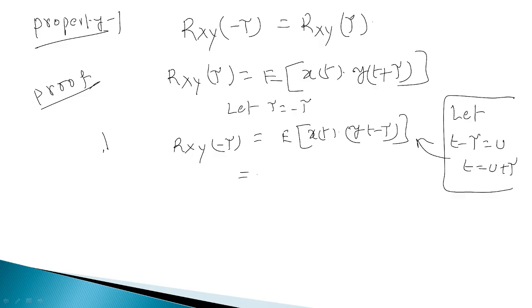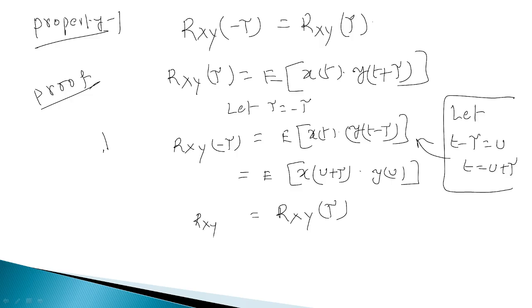Now we can write E of x of t, where t is u plus tau, and y of t minus tau, which is y of u. So this is in the form of the average of two signals, that is R_XY of tau, which is equal to R_XY of minus tau. This is the property for cross correlation.